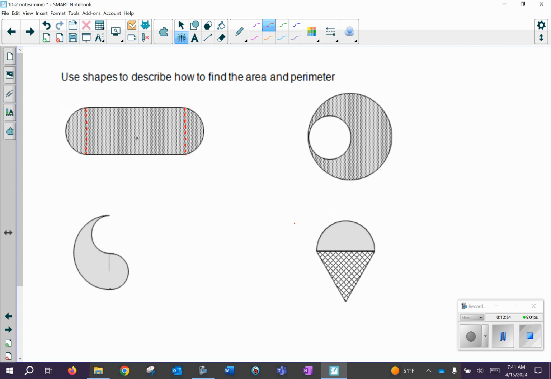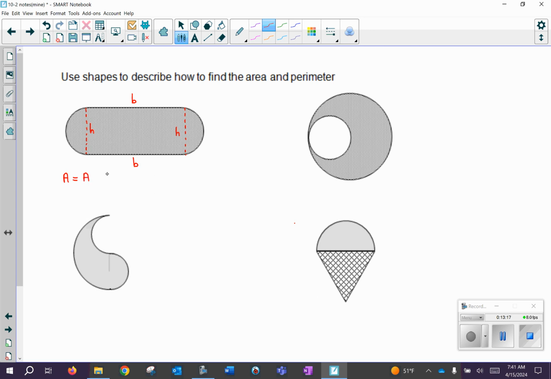Focusing on the rectangle, remember this is your base, this is your height. So of course this is B and H as well. All right, so we're ready to say the total area would be, filling in the shaded region, the area of this rectangle plus the area of half circle plus half circle, like we already talked about, which would just be the area of the circle.